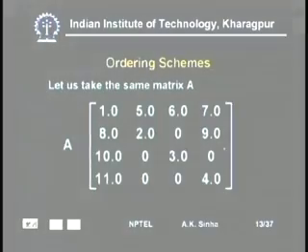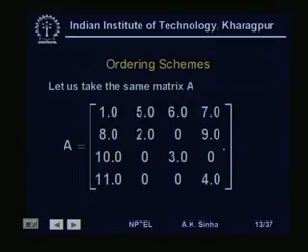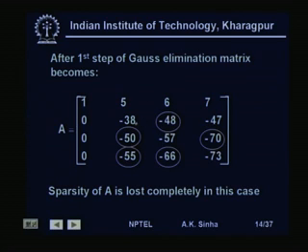Now, let us see what happens if we do the factorization for this kind of a matrix. If we take a matrix like this that we have used earlier, and try to use the Gauss elimination method for factorizing this matrix, then after the first step of Gauss elimination, that is reducing all the elements in the first column to zeros, all these elements which were 0 are now getting filled in.